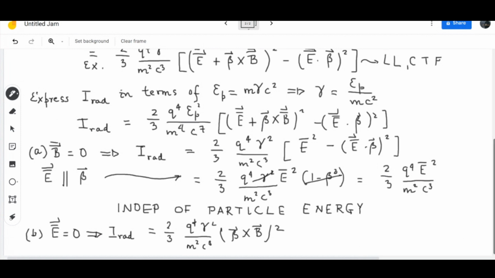Now this formula reduces, if you have a situation where beta is perpendicular to the direction of the magnetic field, for instance a uniform magnetic field and a particle moving in a circle in a plane perpendicular to it, to 2 by 3 q to the fourth gamma squared divided by m squared c to the fourth, times beta squared times B bar squared.